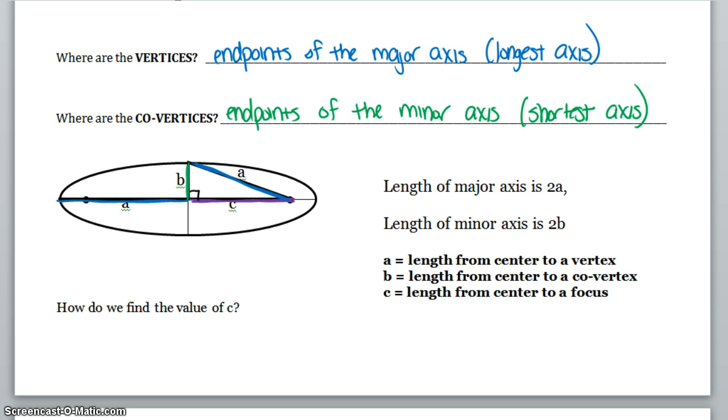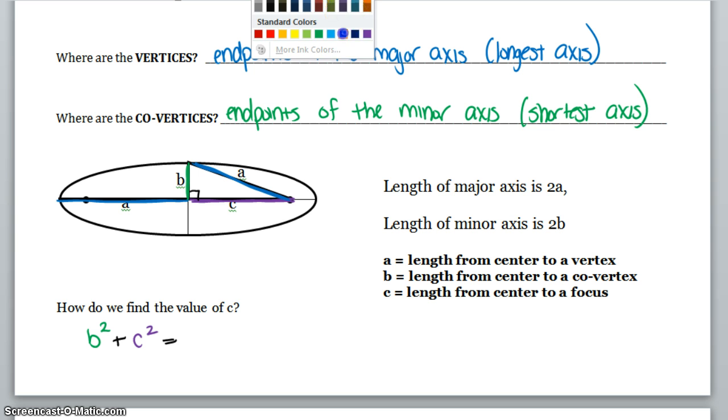Now, if you recall your Pythagorean theorem, it said that b squared plus c squared would equal a squared, the hypotenuse squared.